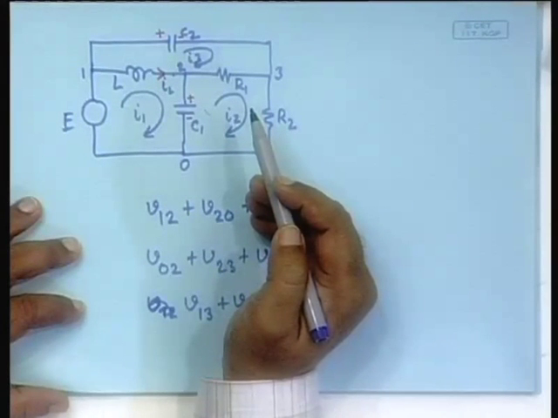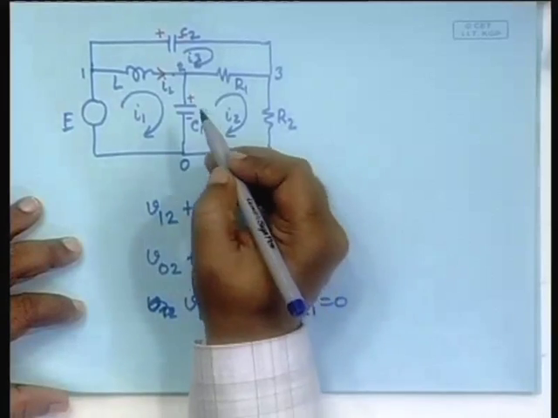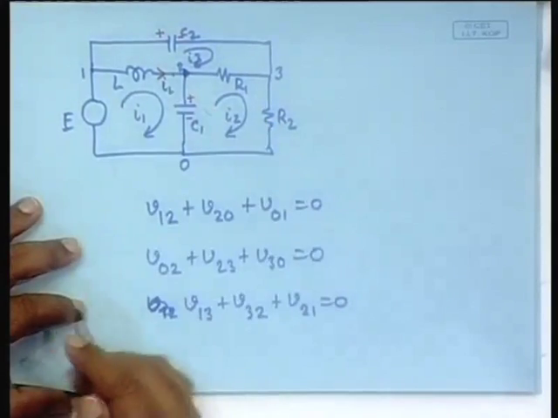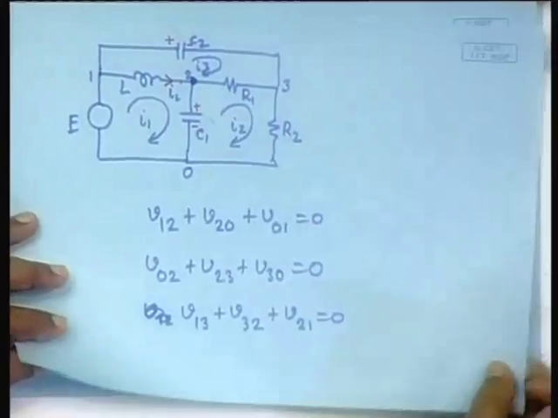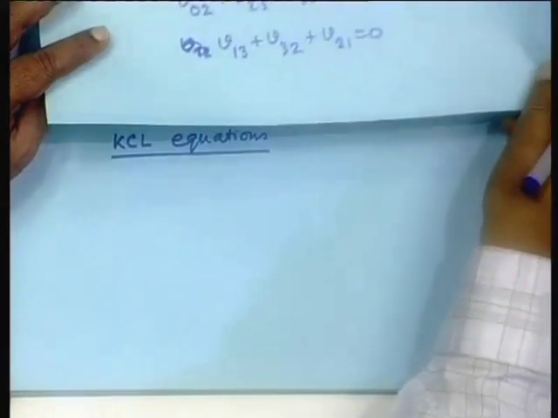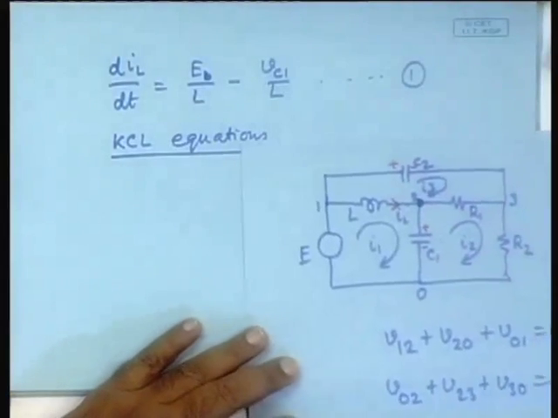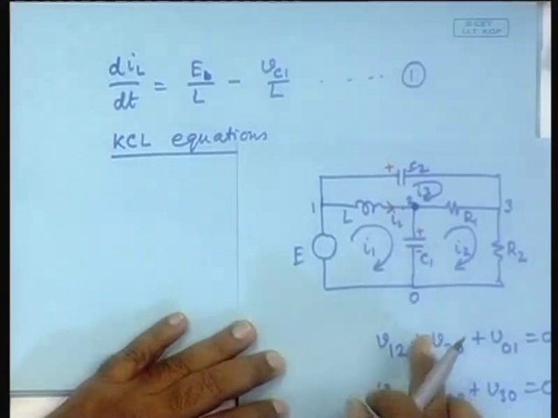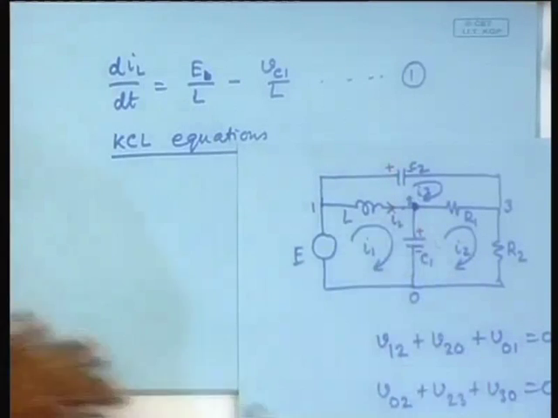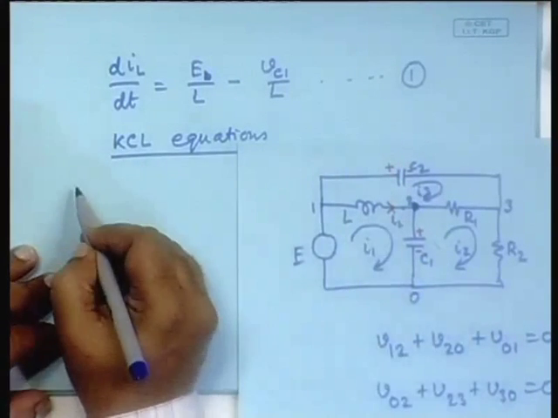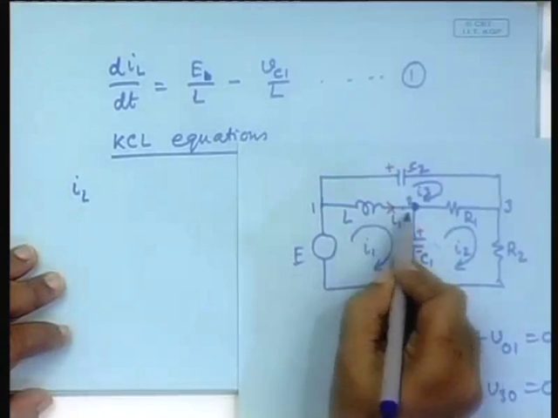In which node should I write? Let us write it here, at this node. In this node, here it is IL going into it.